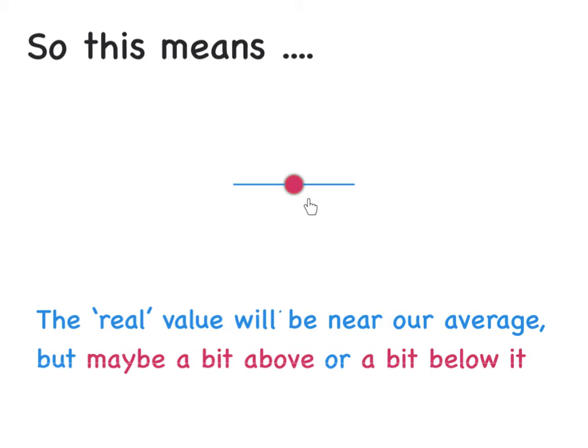And that's what these error bars are all about, because they show us how far below or how far above the value could be. But it does put the average value in the middle, and that's why we use the average, and that's why we do not have to show the trials, because effectively the trials are shown by our error bars.